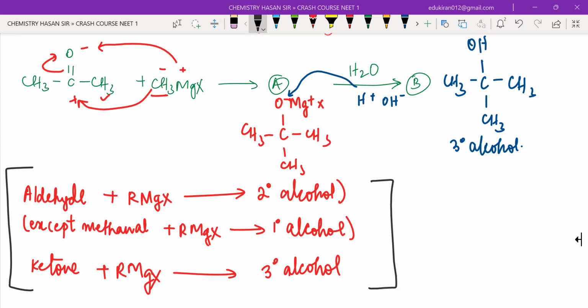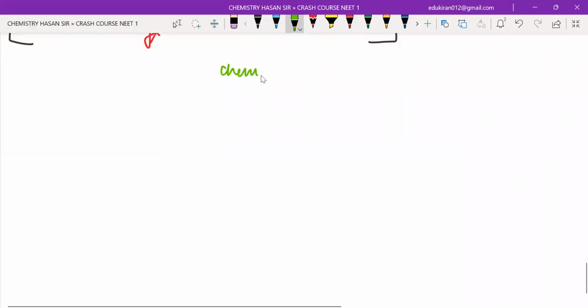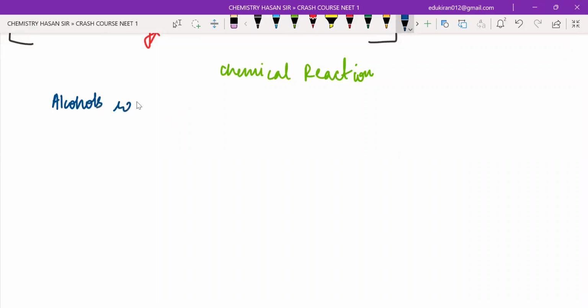Now see, if we are going for chemical properties, alcohols react as both nucleophile and electrophile.